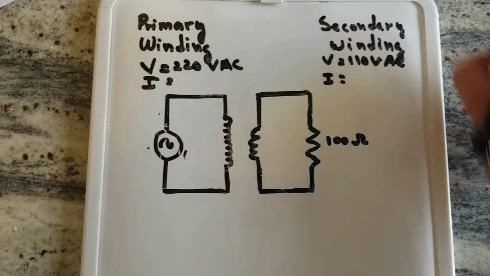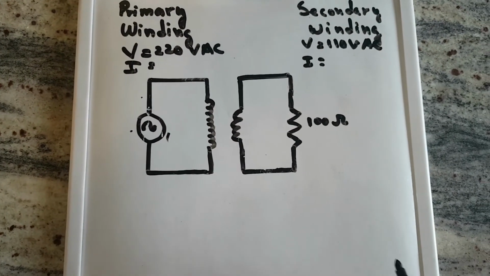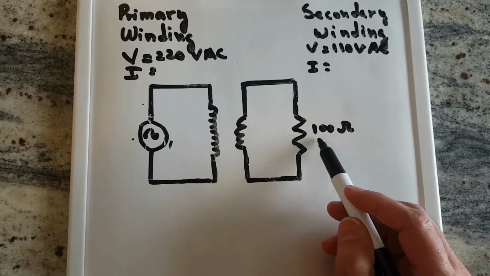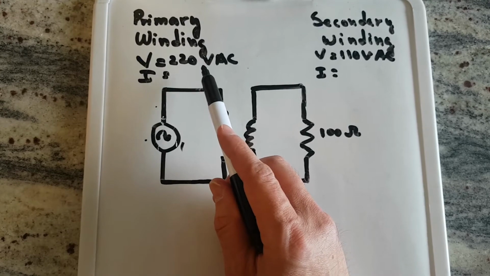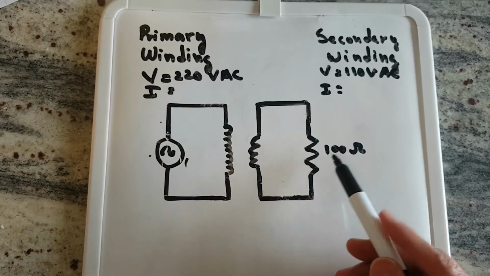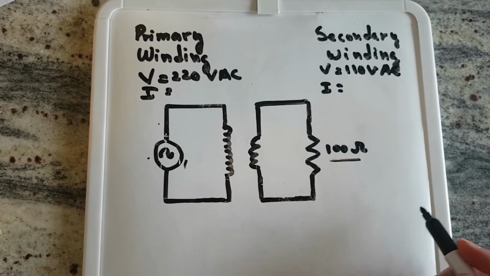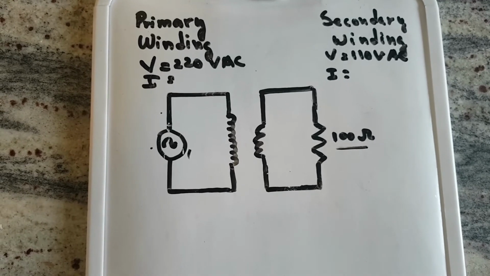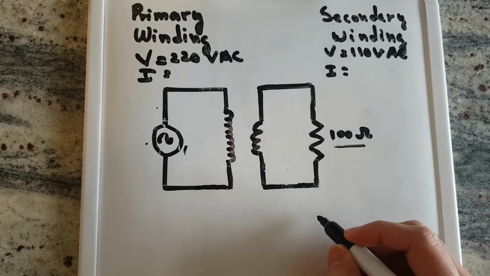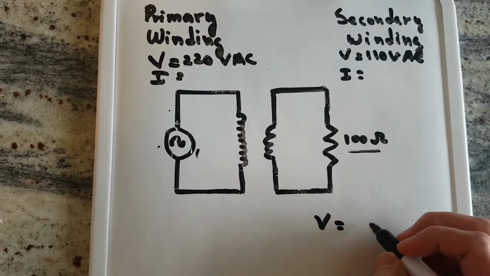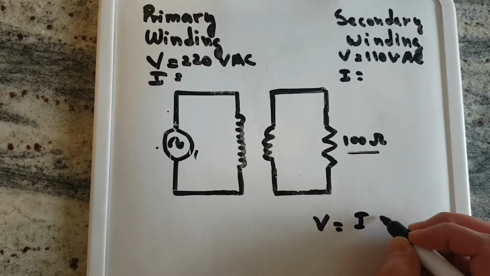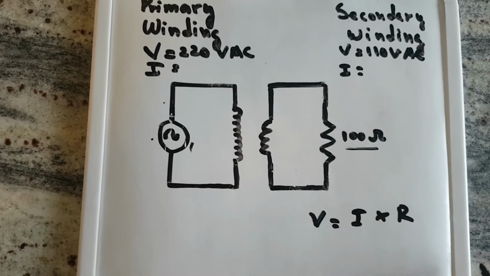Okay, so we are going back to the example, and we see that we have these three variables: voltage in the primary winding, voltage in the secondary winding, and the resistance of the load. By Ohm's law, we can say that the voltage will be equal to the current multiplied by the resistance, right?